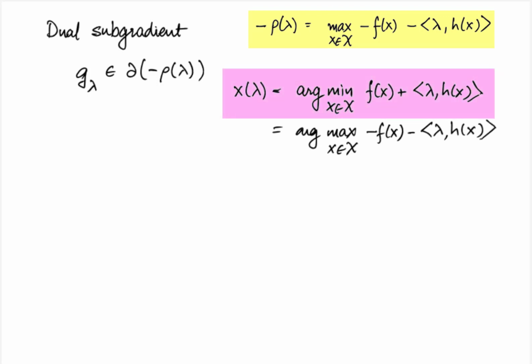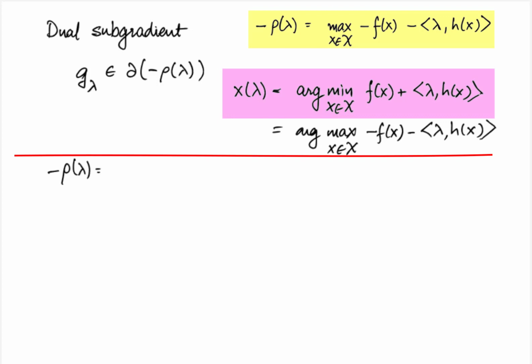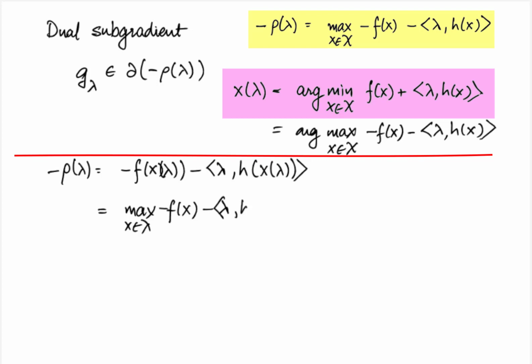So the dual function can be written as minus rho of lambda equal to minus f of x of lambda minus inner product lambda comma h of x of lambda, which can also be written as minus rho of lambda equal to max of x in calligraphic X minus f of x minus inner product of lambda comma h of x. So the way we have defined x of lambda, it is the value of x that maximizes the Lagrangian here.